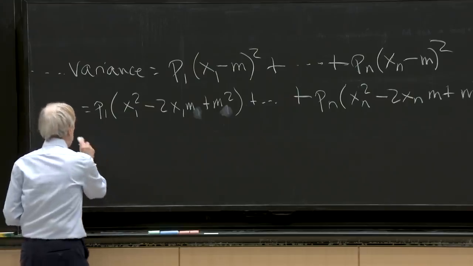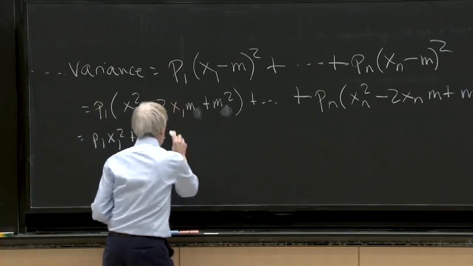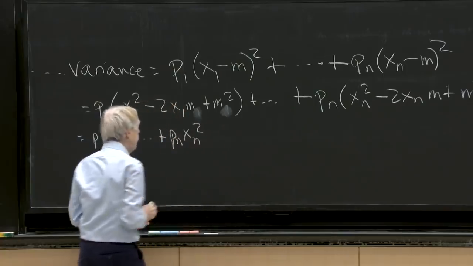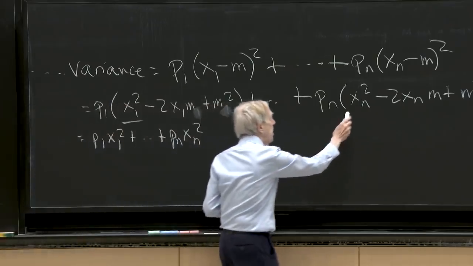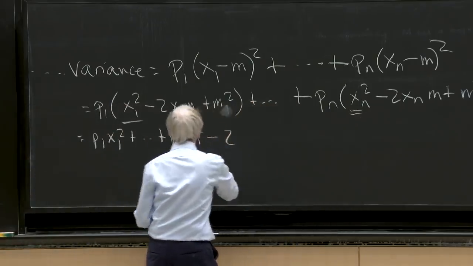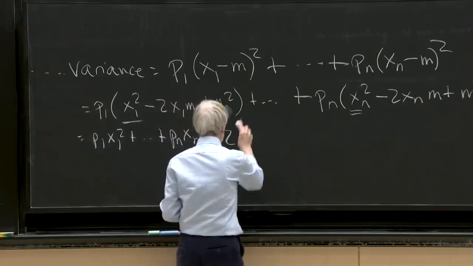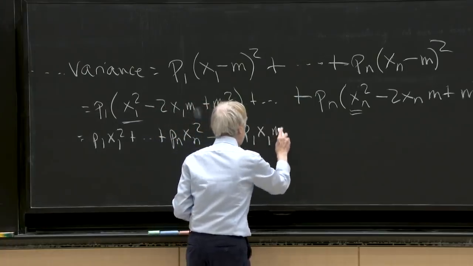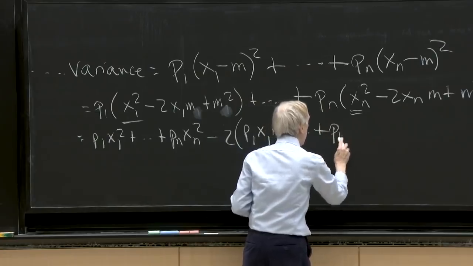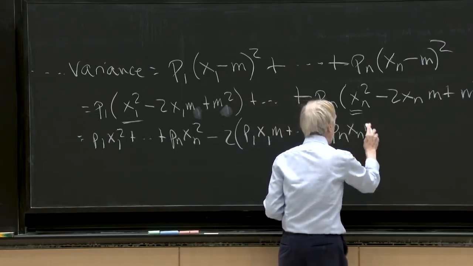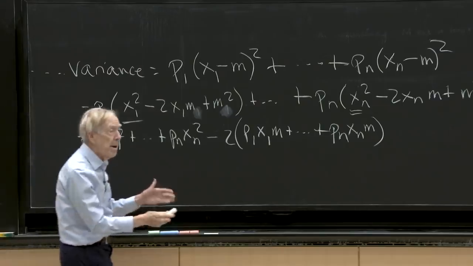Okay, can we take that sum? So I get p1 x1 squared, if I take the first terms. I've accounted for these, and now I'll take minus 2 times p1 x1 M plus up to pn xn M. I'm just writing it all out, and I'm going to recombine it.